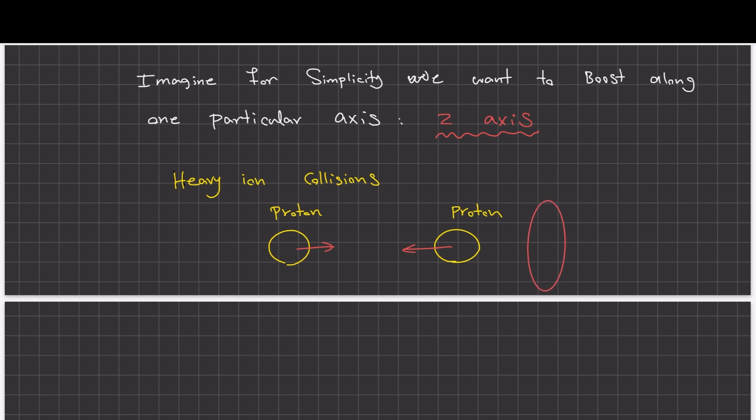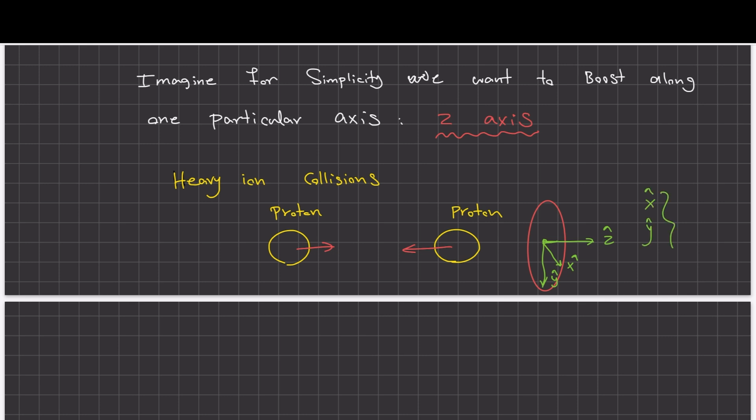When you collide these protons, there is this z-axis perpendicular to this circular frame, and this frame is spanned by the x-axis and the y-axis. So it is a convenient scientific way to address the coordinates in heavy ion collisions.